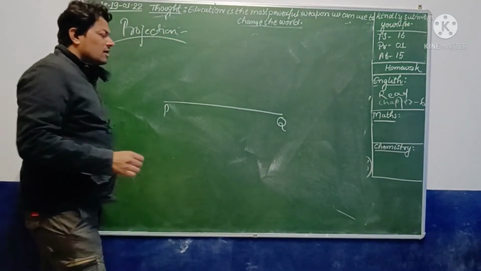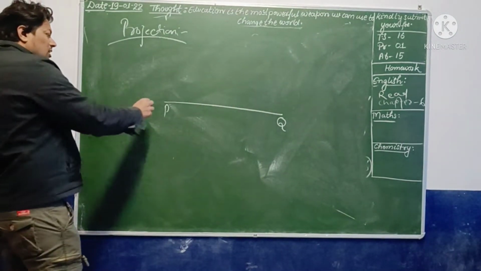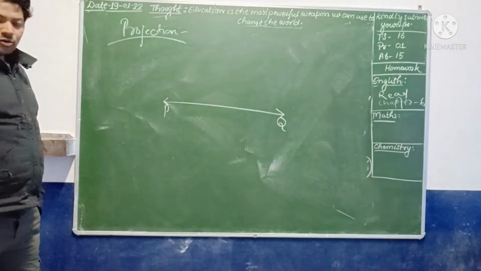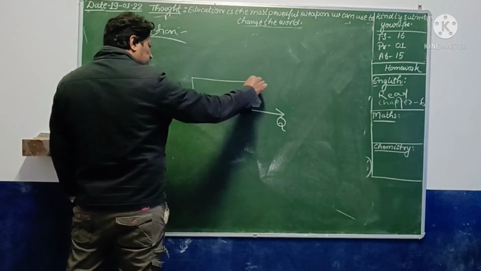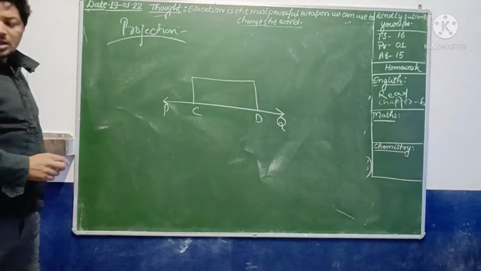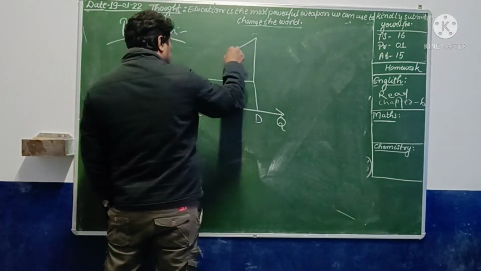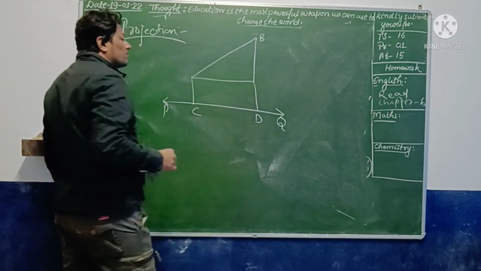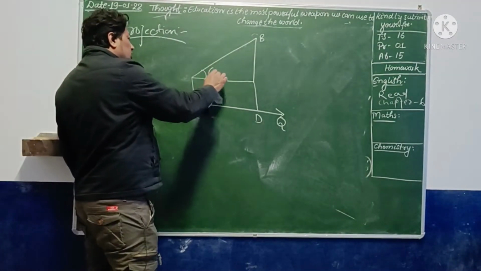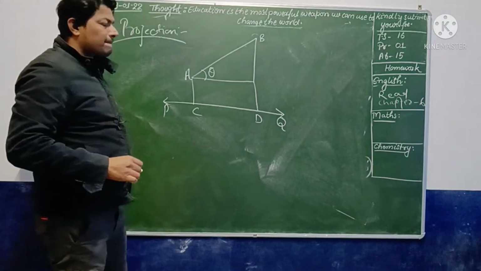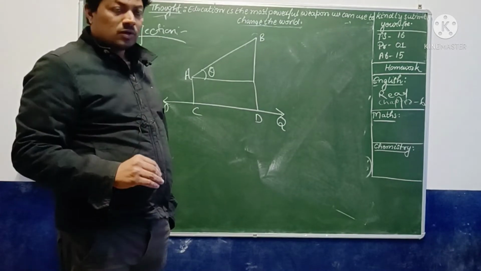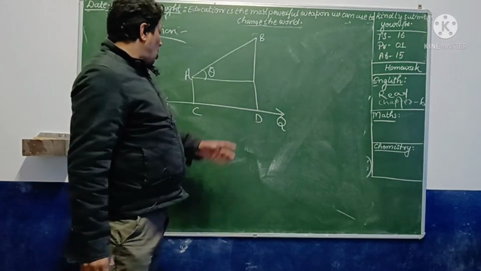Then you take CD, and this one as AB. Here the angle is theta, and one vector is A. Now what we will do? The projection of AB on PQ.